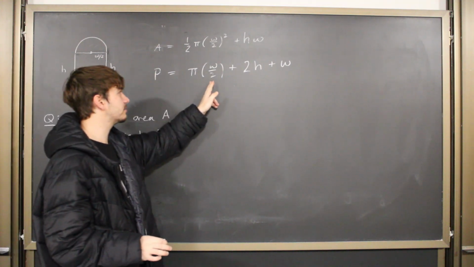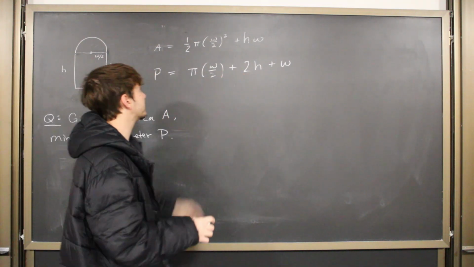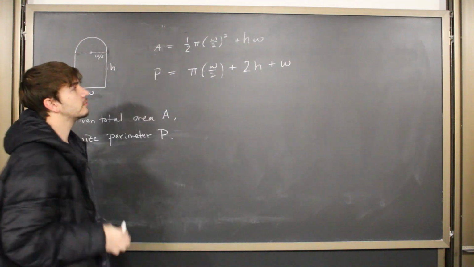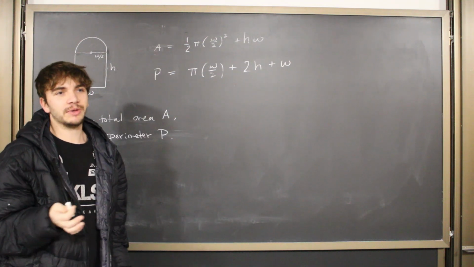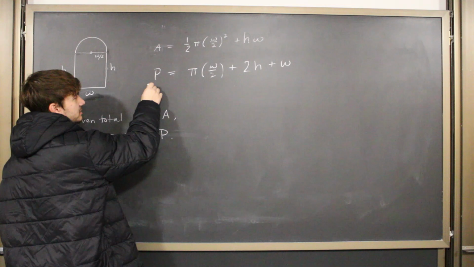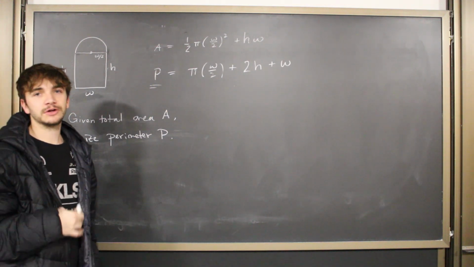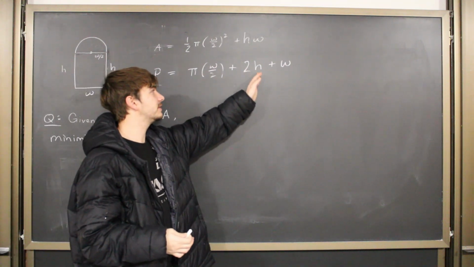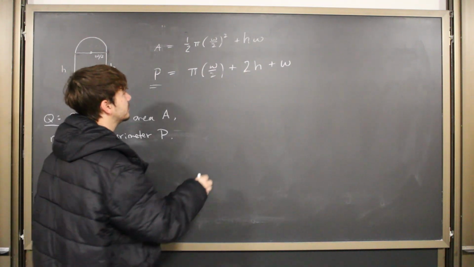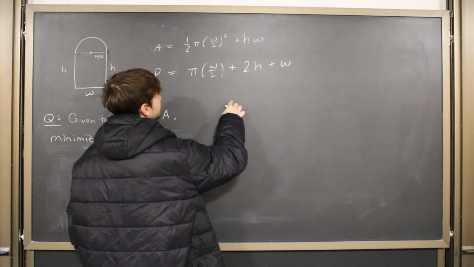In this case, we have two variables, w and h. However, this condition on the area relates w and h, so they're actually not independent. So this perimeter function is secretly just a function of, let's say, w. And so what I need to do is get rid of this h here and write it in terms of w. So let's solve for h in terms of w.